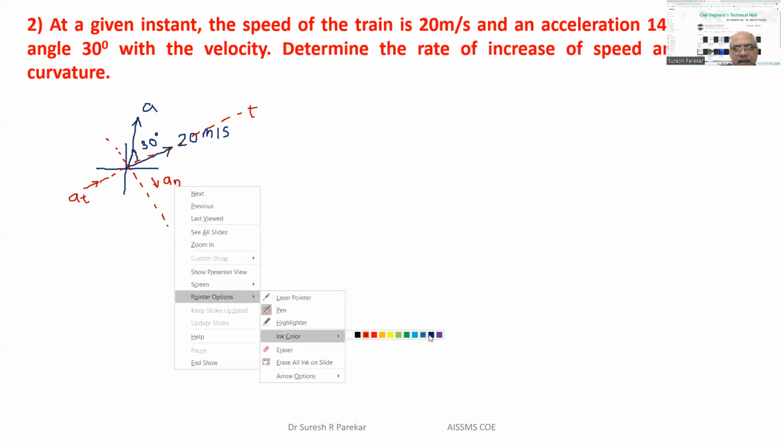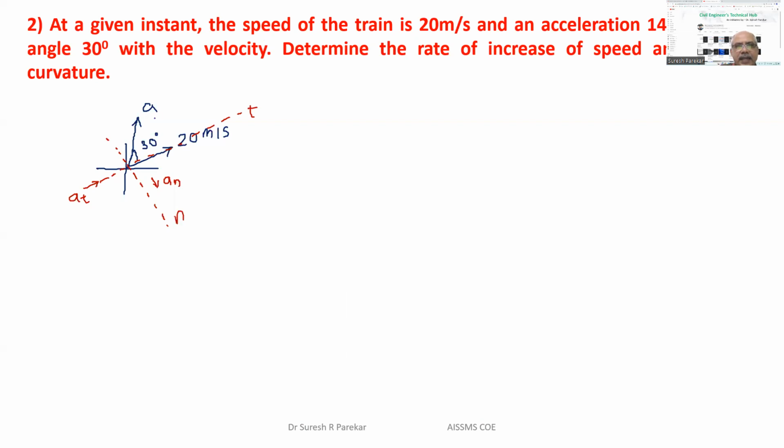We can find the value of AT; the angle is with the tangential, with the velocity, so it is cos. So we have 14 cos 30, and 14 cos 30 is 12.12 meter per second square. This is the rate of change of speed.